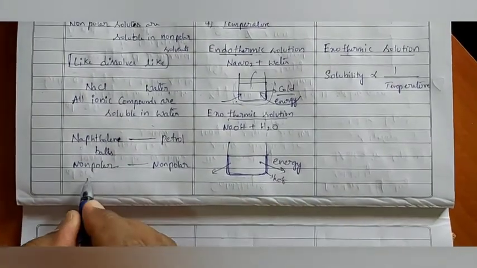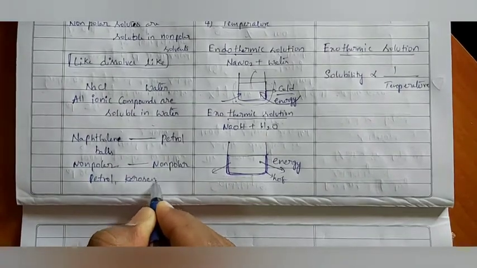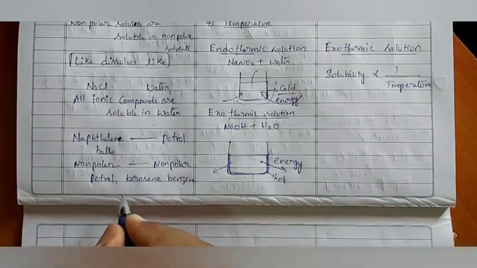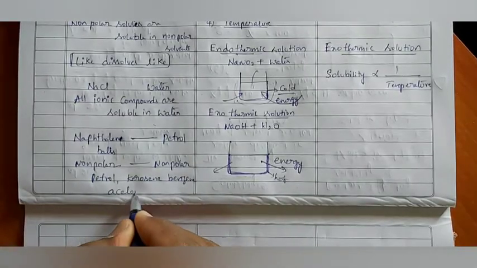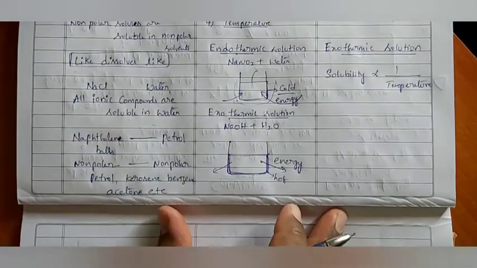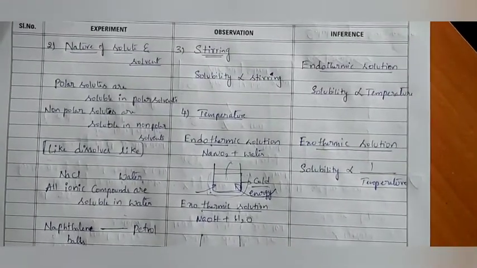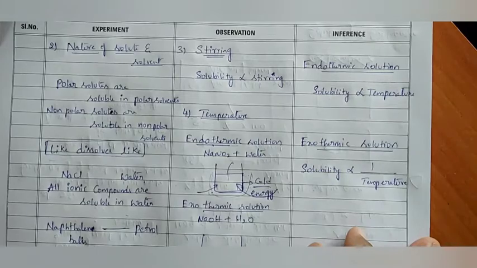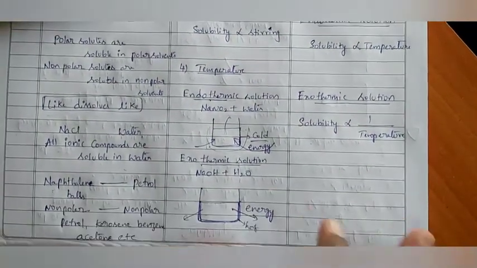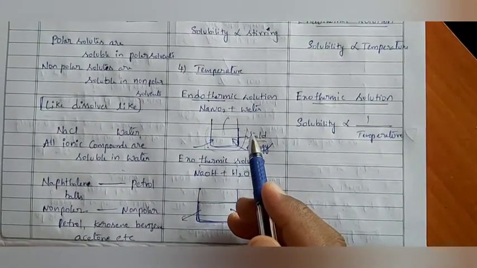Examples for non-polar solvents: petrol, kerosene, benzene, acetone, etc. Next, stirring. By stirring, solubility increases. That's why solubility is directly proportional to stirring. Finally, temperature. The temperature effect will be shown on two types of solutions.